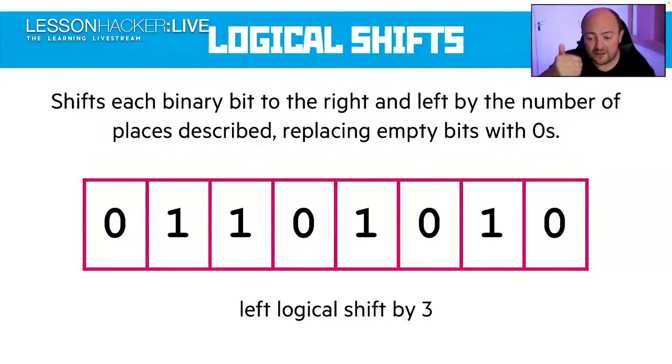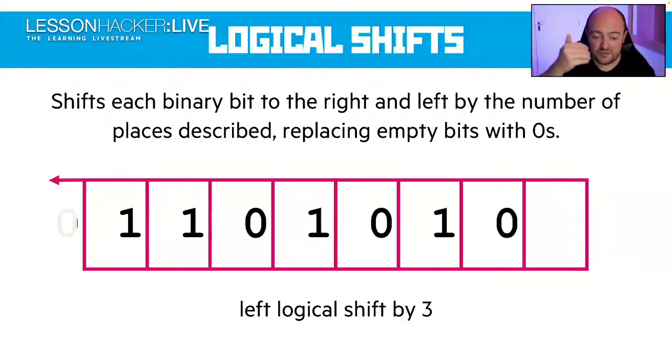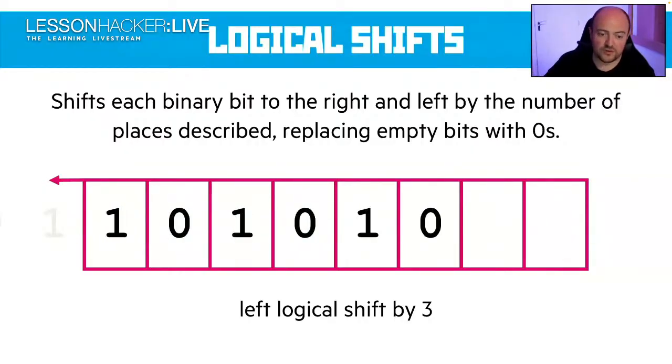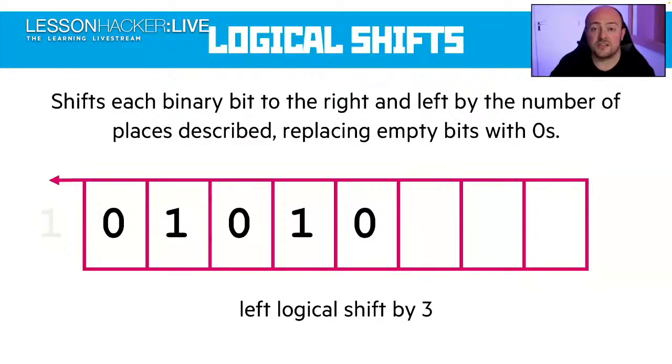If I'm doing a left logical shift by 3, it needs to move to the left 3. The easiest way to do this on paper is cross out the 3 values on the left and write in 3 zeros on the right, because this is happening. It's moving 1, 2, 3 places to the left. We've got a space, some of it's gone, so we're bringing in the zeros. The question is, what's a shift function? That's what this is, okay?